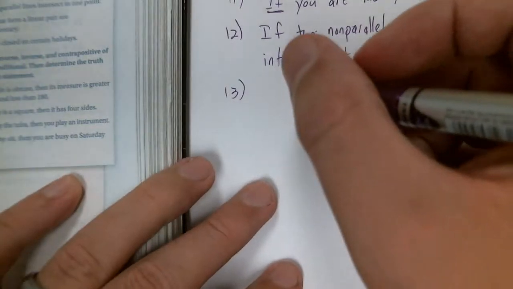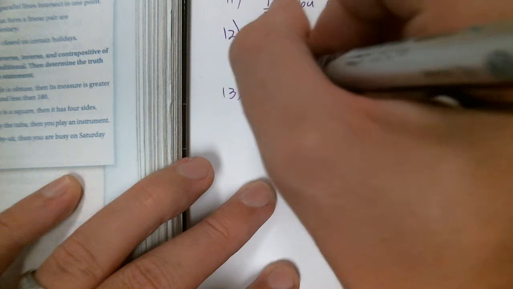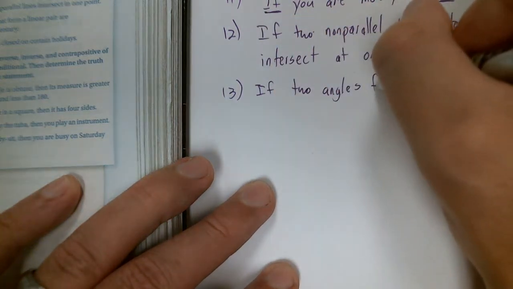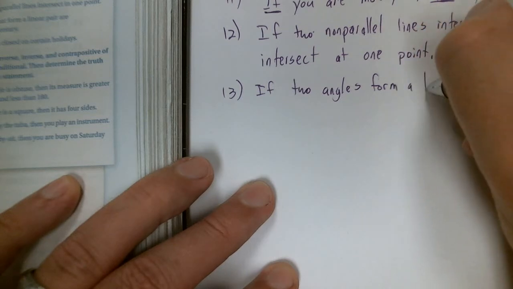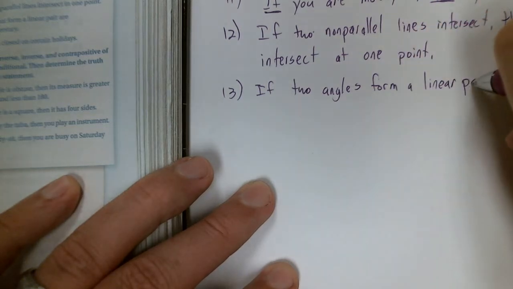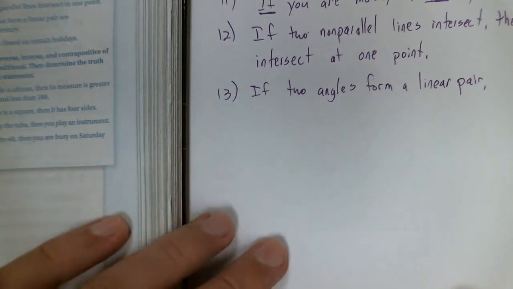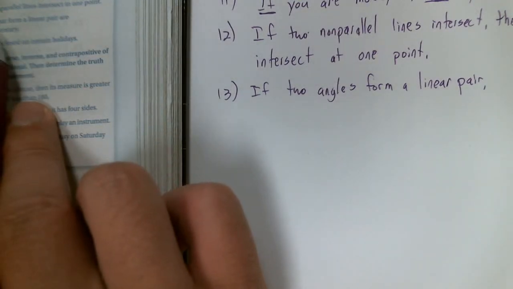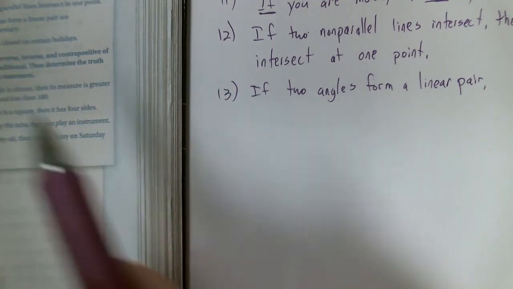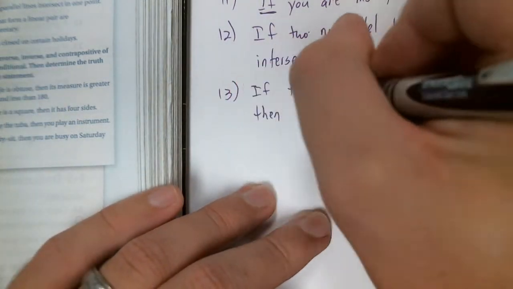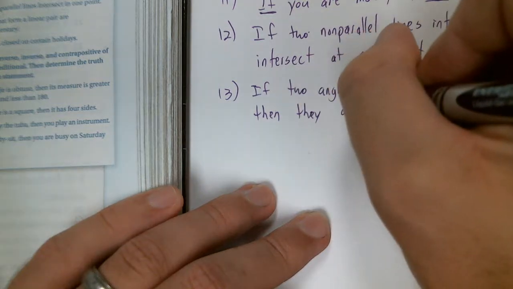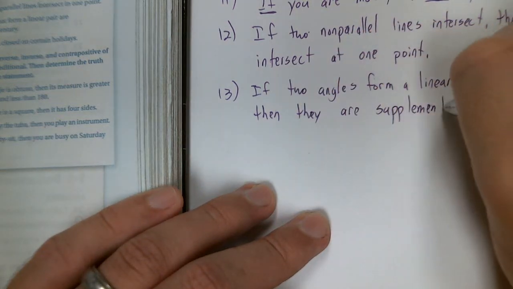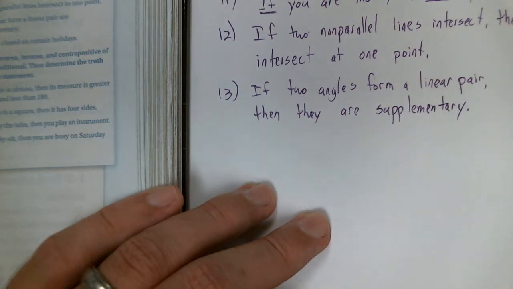How about this? If two angles form a linear pair, then are supplementary. Well, I can't say that, it doesn't make sense. I can say, then they are supplementary. And remember, supplementary just means they add up to 180 degrees.